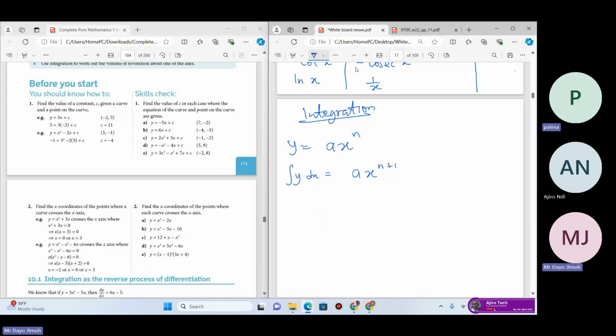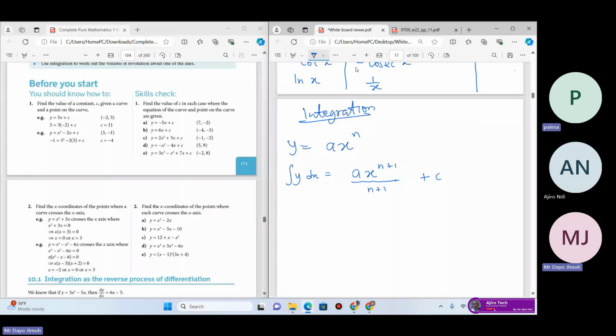Good. Then what else? Divided by n plus 1. Good. So the plus C is because of that constant.